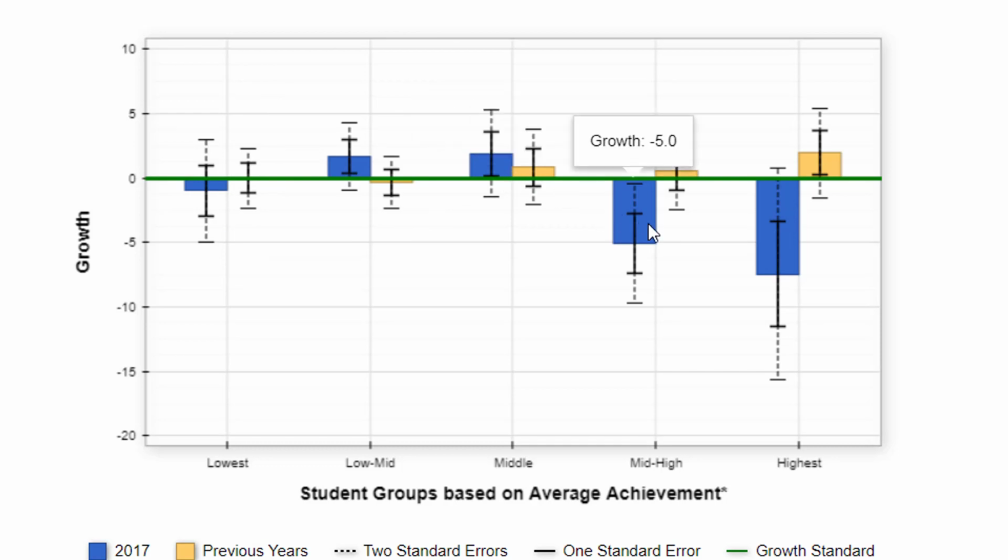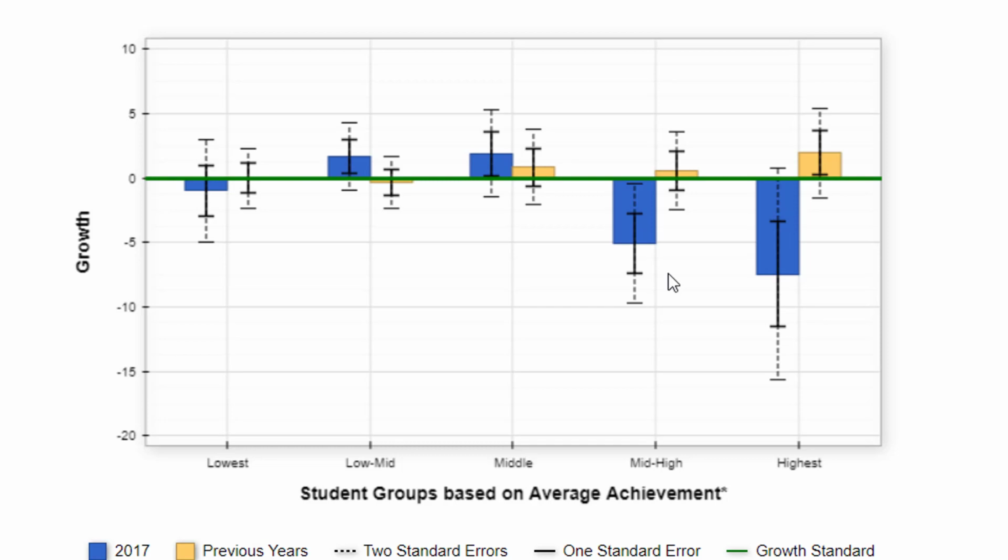But when we move over here to the next to the highest and the highest group, they did not meet growth. So my concern would be that we're teaching from our lowest students to our average performing students, but we're not differentiating for our highest performing students.